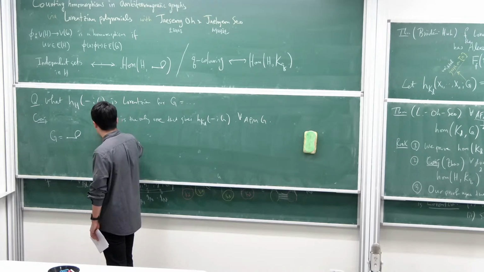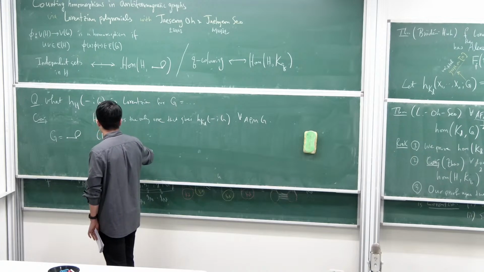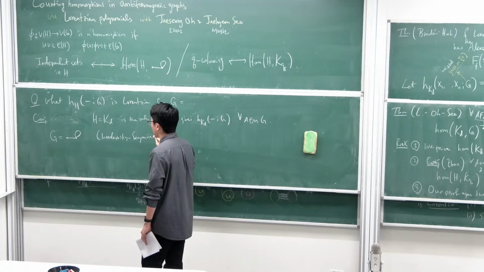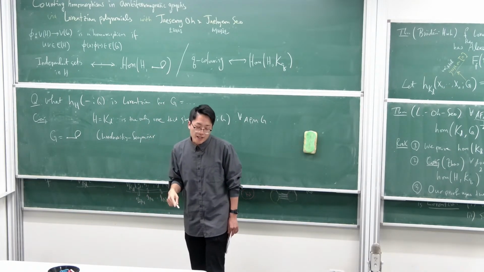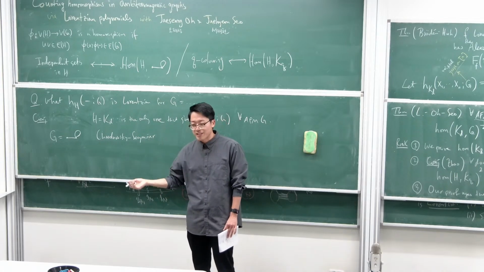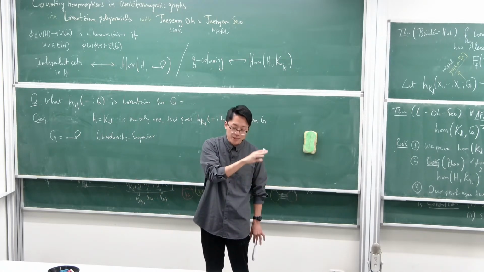Then a result by Chudovsky and Seymour. So it's not really stated in that way. What they're proving is a real rootedness of the independence polynomial. But if you have real rootedness, then you have log concavity, and then you have this Lorentzian property.